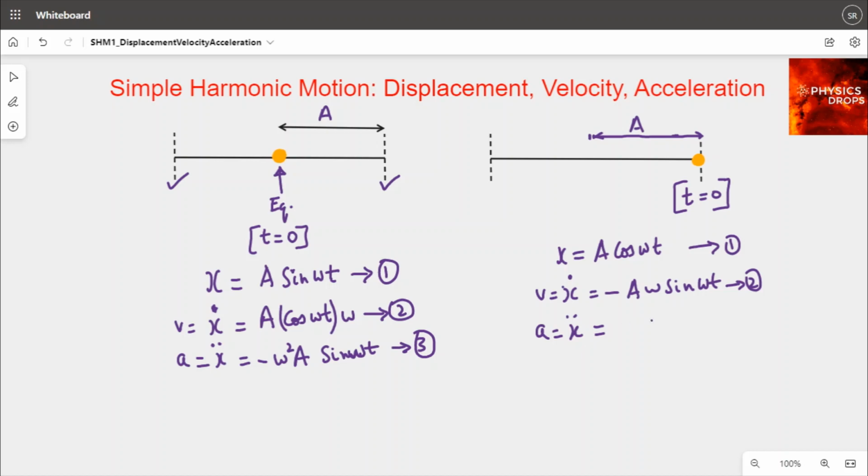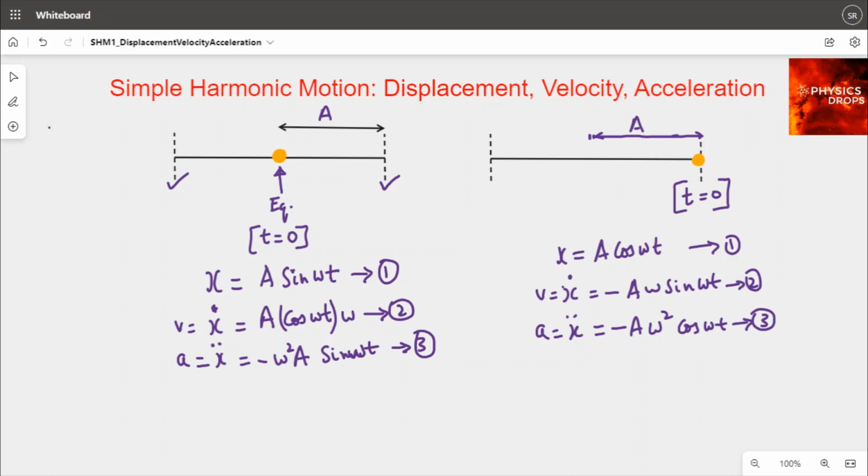For sin ωt, the differentiation is cos ωt, so we get minus a ω square cos ωt. So this is equation 3.